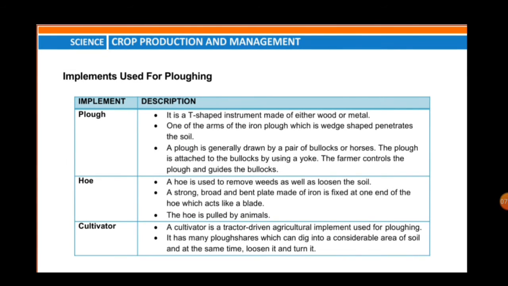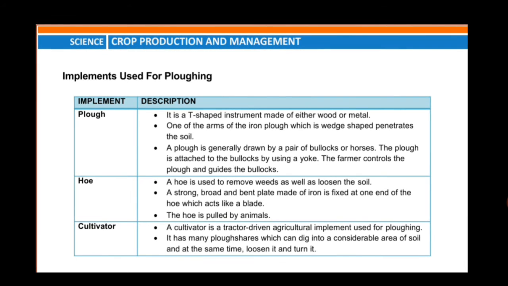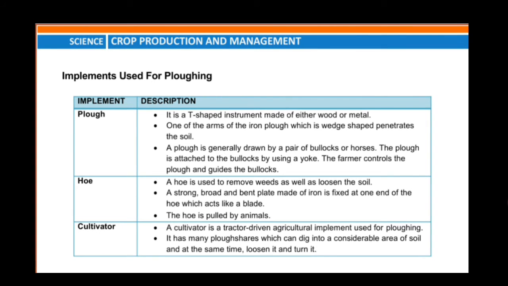So you can see in the picture the implements used for plowing. Basically, there are 3 implements which are used for plowing: plow, hoe, and cultivator. As I explained, plow is a T-shaped instrument in which triangular iron strip is attached to a long wooden log. Okay, it is generally drawn by a pair of bullocks or horses.